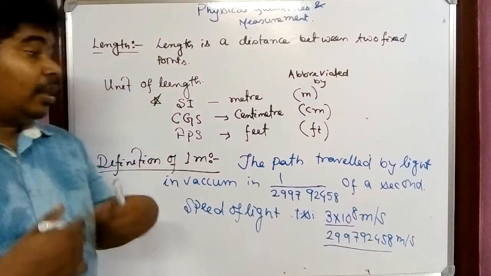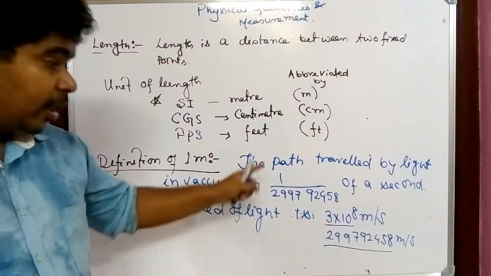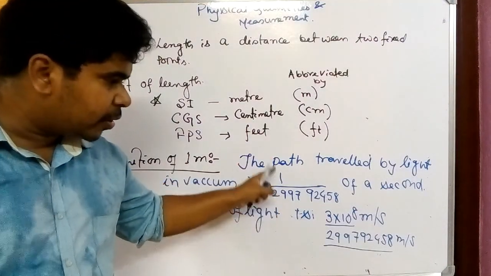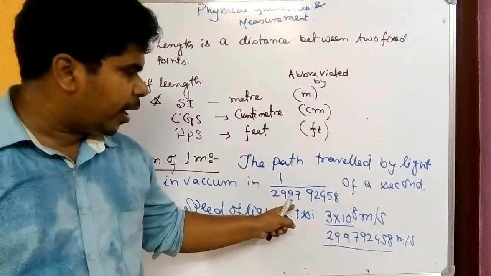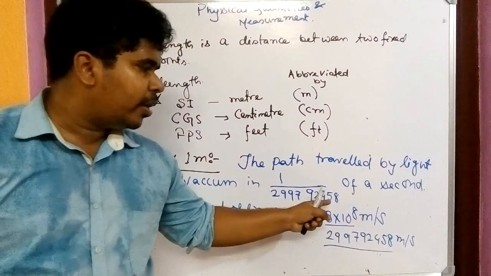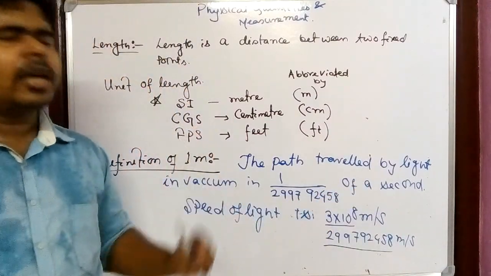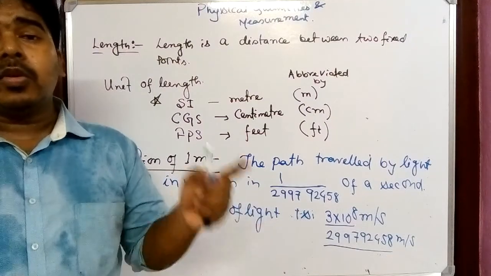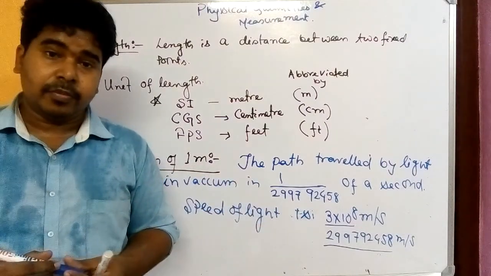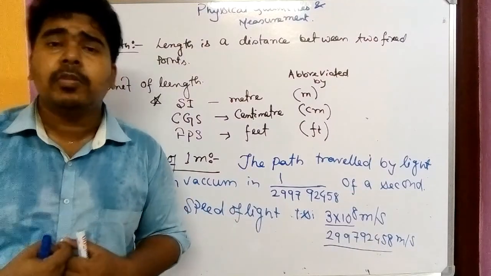That means the distance light travels in 1 by 29 crore 97 lakh 92,458 of 1 second, that much path length is known as 1 meter. Now you might be asking, sir, why will we take this much path length as 1 meter?